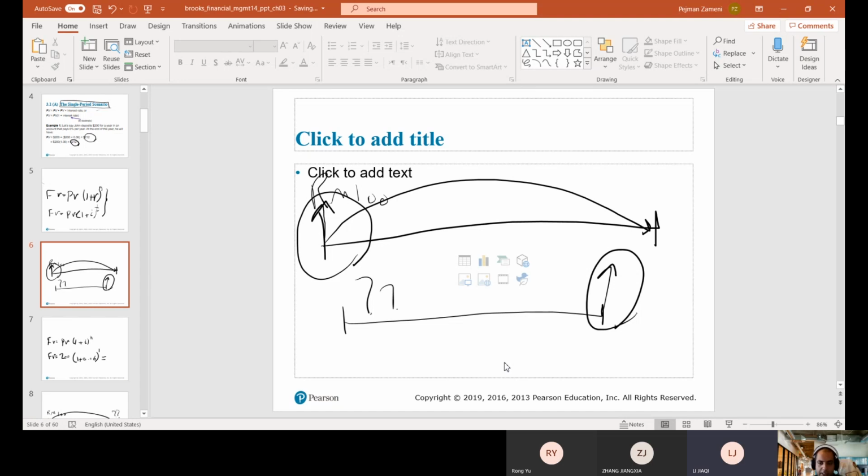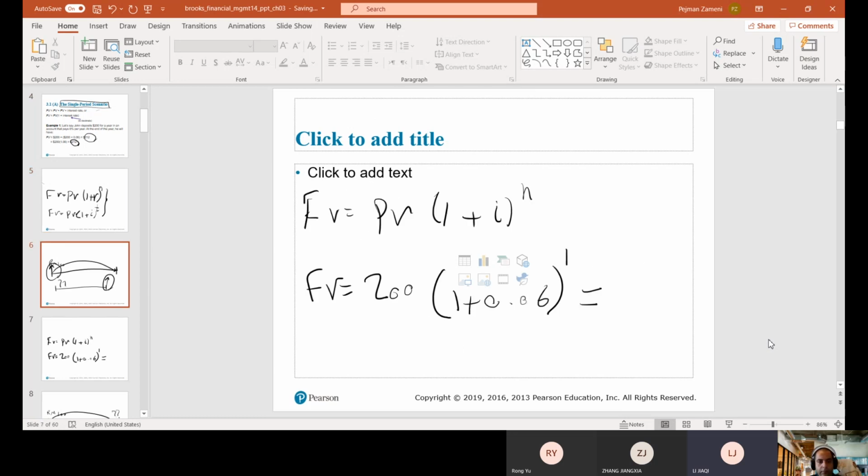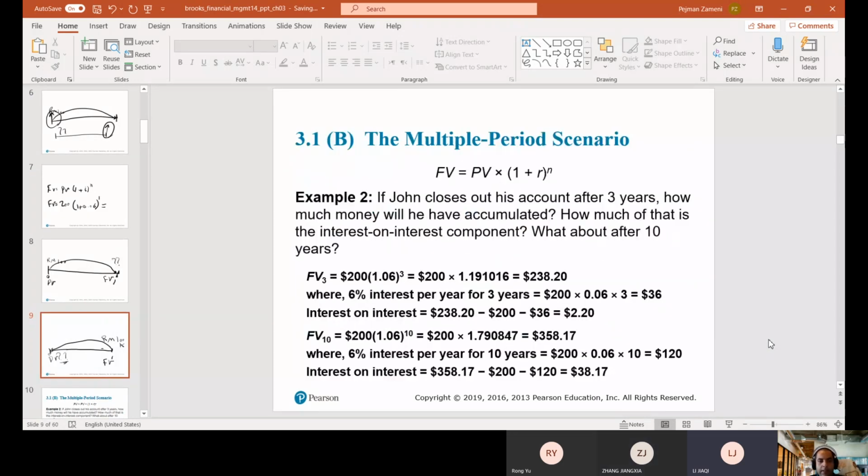We are just dealing with the single cash flow. That's why here it is called the single period scenario. Any question up to here? No. Okay, then let's move on.